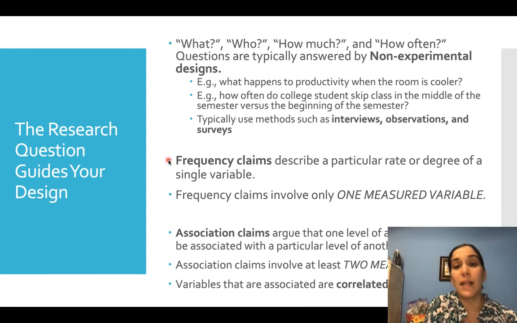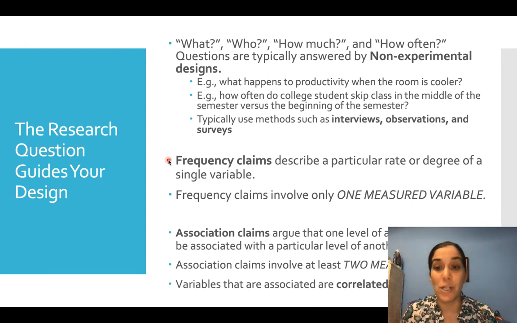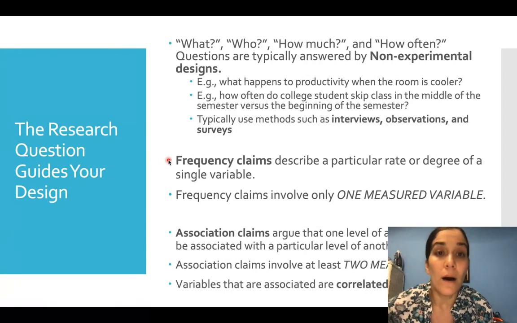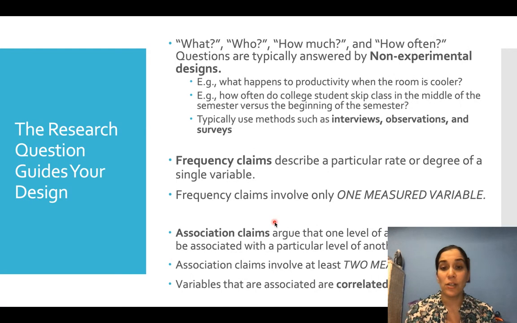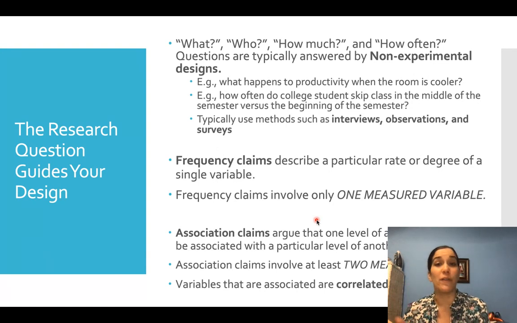So frequency claims only involve one measured variable. Alternatively, this type of non-experimental design can also be an association claim. An association claim argues that one level of a variable is associated or related to another variable. When you have an association claim, you have 2 measured variables, and these variables are typically correlated.